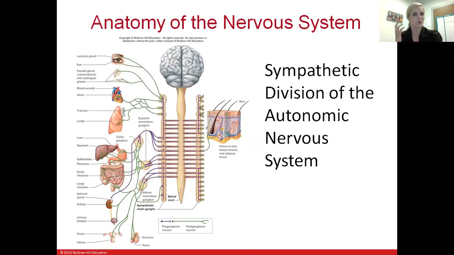We've got adrenaline running through our veins, pumping through, giving us all that energy that we need. Adrenaline's going to help with that, which we'll talk more about in chapter 8. But all these things are happening to prepare ourselves in order to survive. We go into survival mode, and all the things that happen in our body are helping us to do that. And here's how the sympathetic nervous system does that.